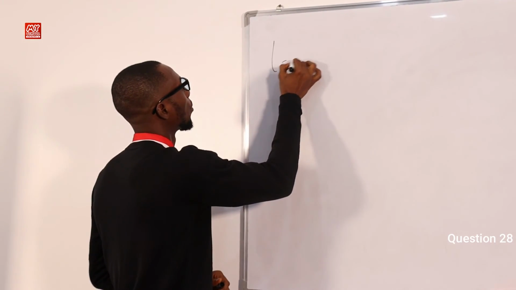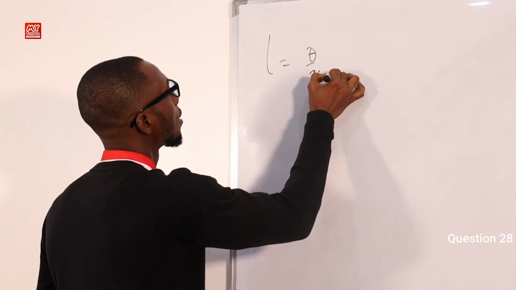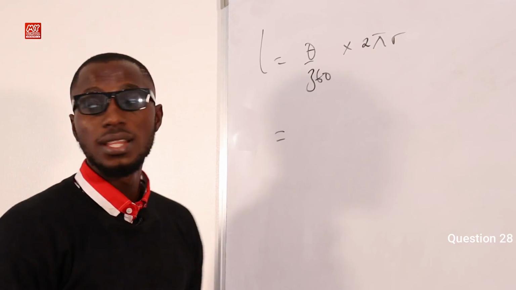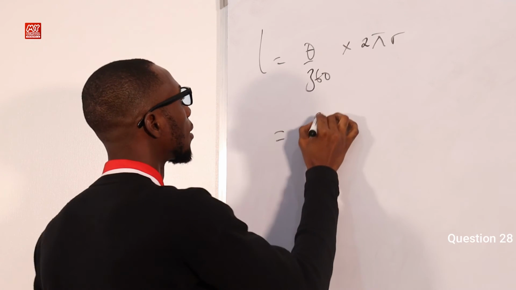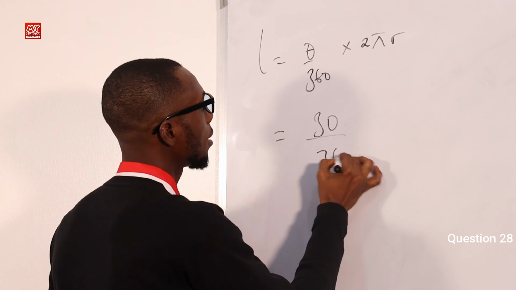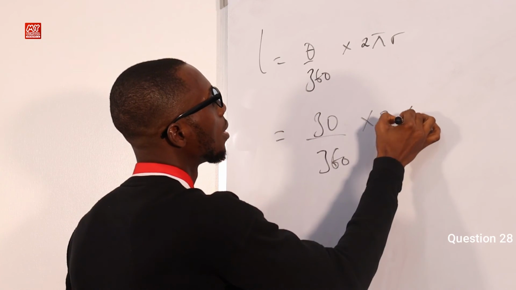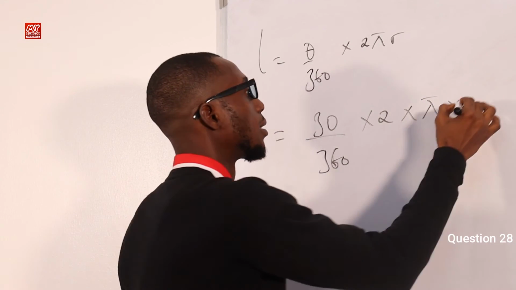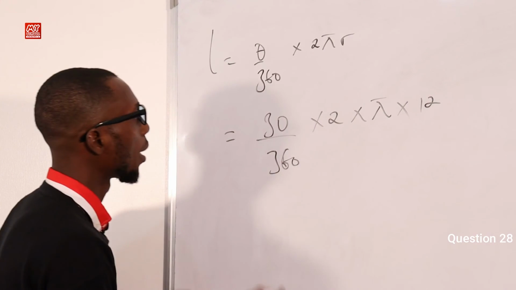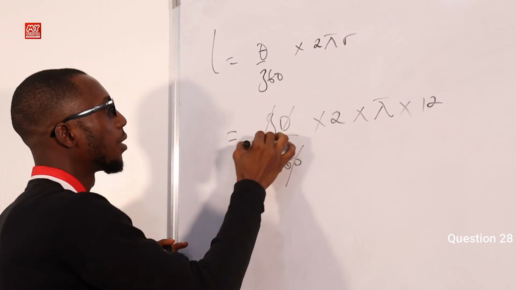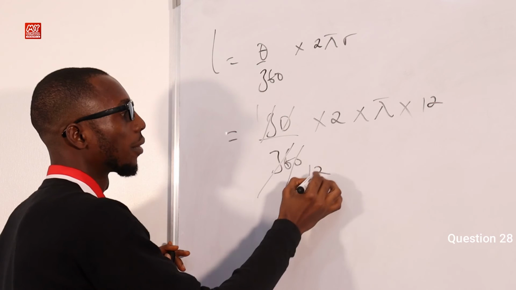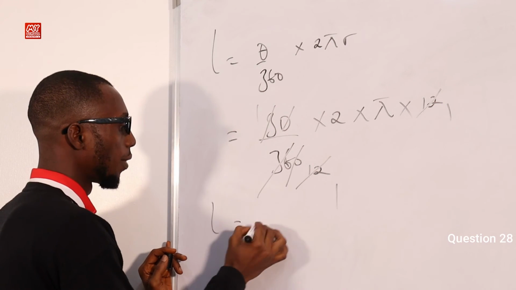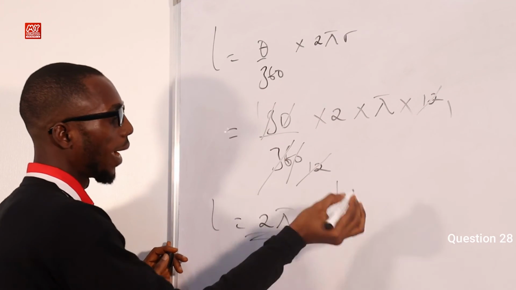We're given theta as 30, so 30 over 360 times 2 times pi times the radius, which is 12 centimeters. So 0 strikes out 0, 3 here 1, 3 here 12, 12 here 1, 12 here 1. So the length of the arc is 2 pi.